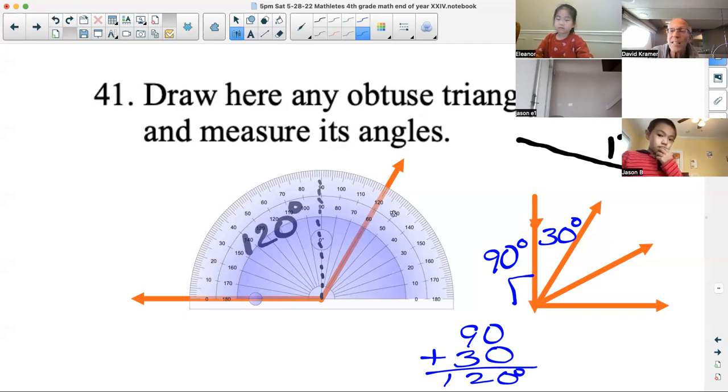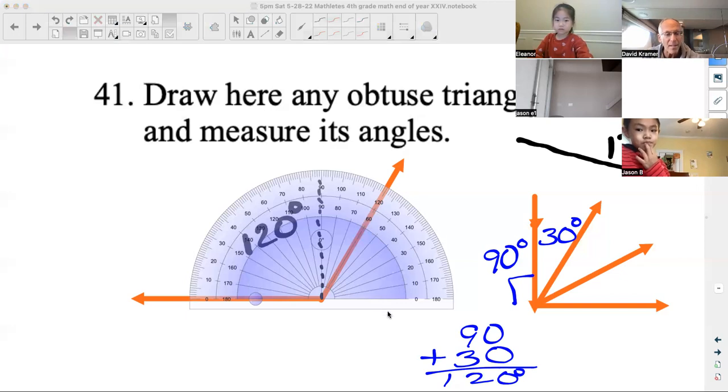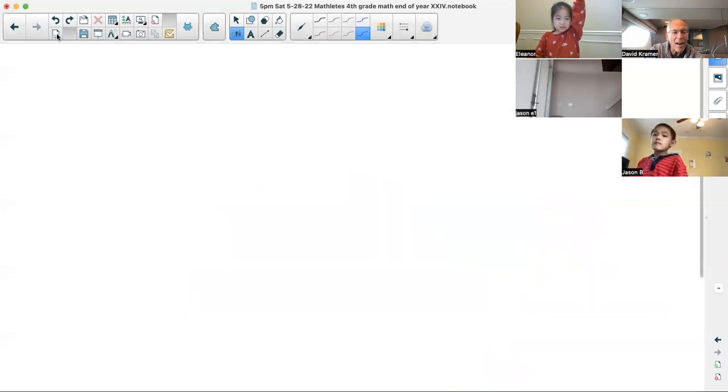So will you guys get a protractor before we meet next? Okay. And then no matter when we meet, we can talk about protractors. Now, this one's going to be fun because you can solve this without a protractor. Yes, Eleanor?